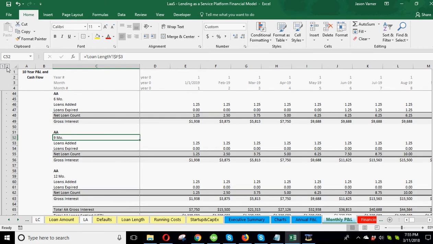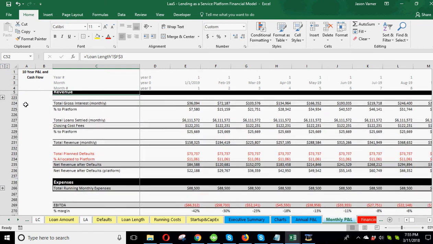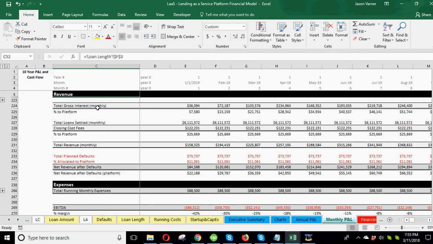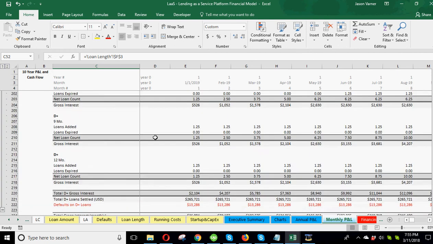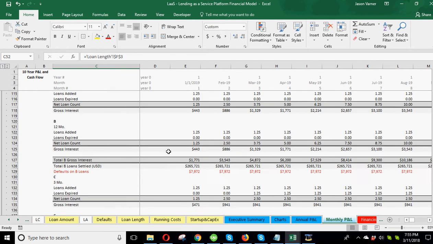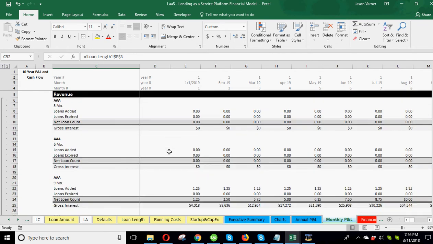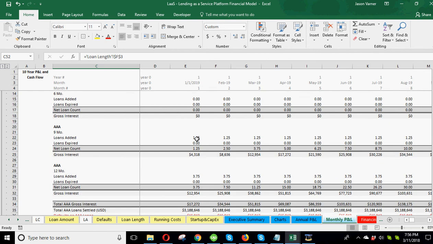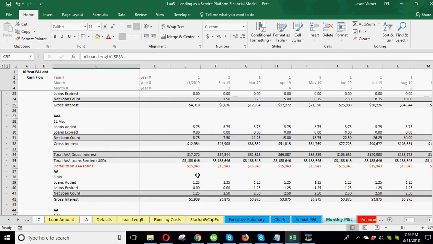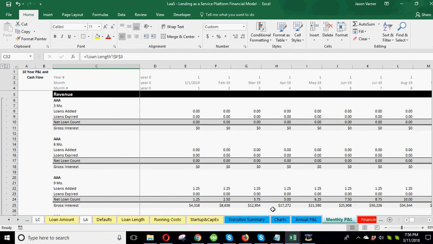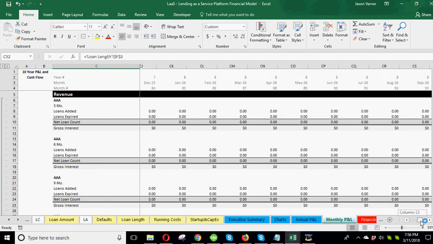But I have this so you can easily minimize it and just see the total gross monthly interest across all loan terms and risk grades. And so you can see these are zeros. We've changed it so that we only have 12 and 9 months on that first one for AAA. And so everything updated, which is good to see.